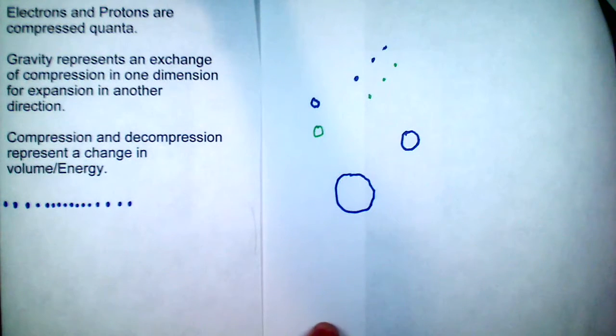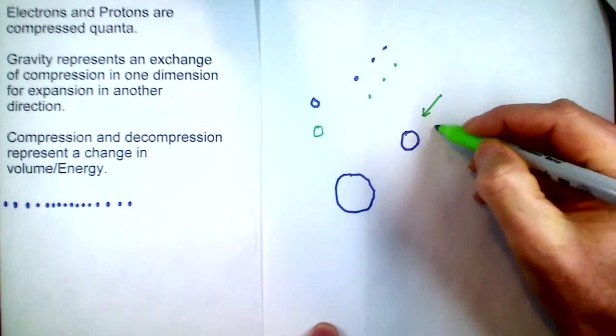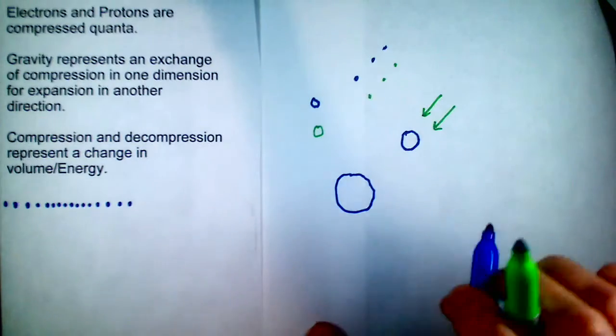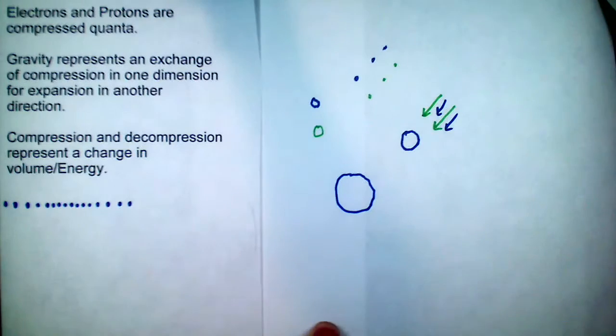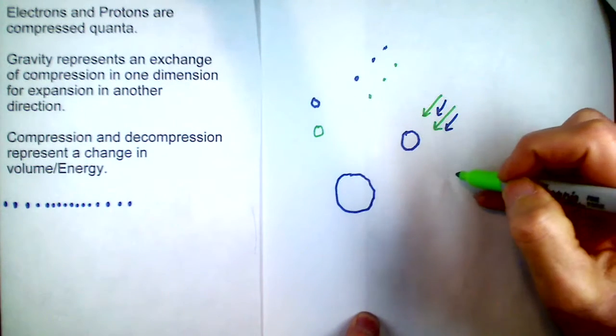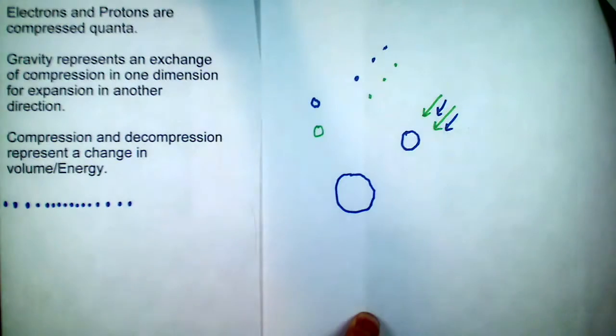I mean, I could get the idea of, alright, so let's just say we have the force coming in this way, and it's a mixed force. So it's going to affect both protons and electrons. And I could get the idea that force would leave going this way, and that would mean there's less force this way.